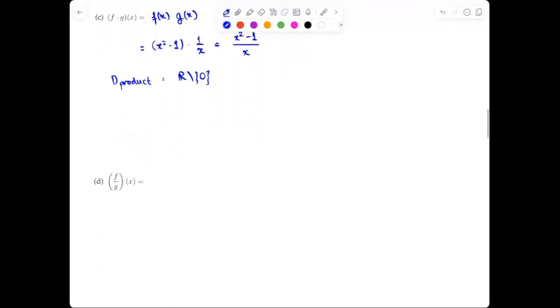Now the last one is the quotient function. So f over g of x is f of x over g of x. It's the quotient function.